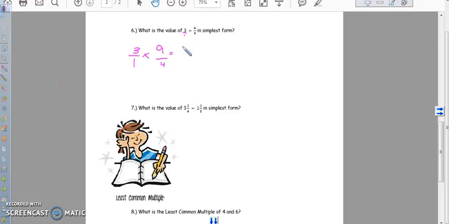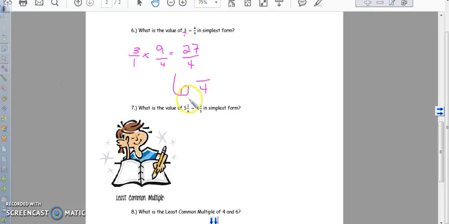3 times 9 is 27 over 4. Now, can 4 go into 27 evenly? No, so we're going to have a mixed number, which is fine. 4 can go into 27, 5, 6, 7 would be 28, so it can go in 6 times.